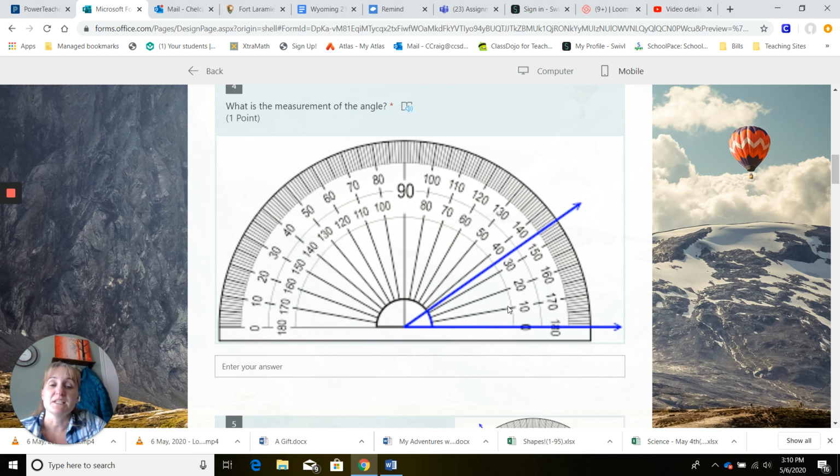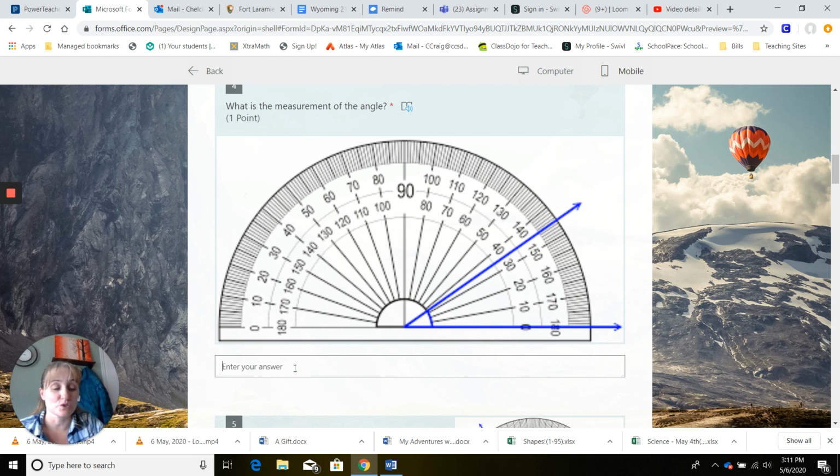So I'm going to count by tens at first. So I would go 10, 20, 30. Now right here, this other line lies between 30 and 40, and it's right smack dab in the middle of it. So what lies between 30 and 40 right in the middle? You're right, 35.